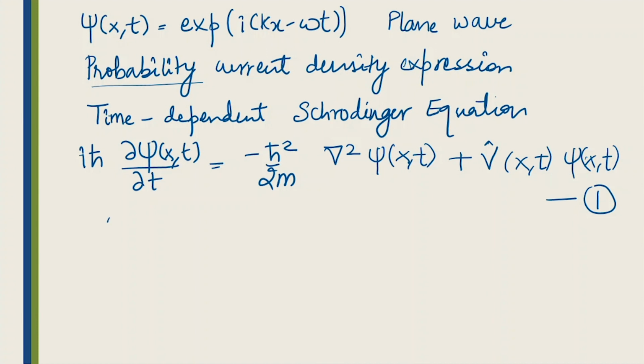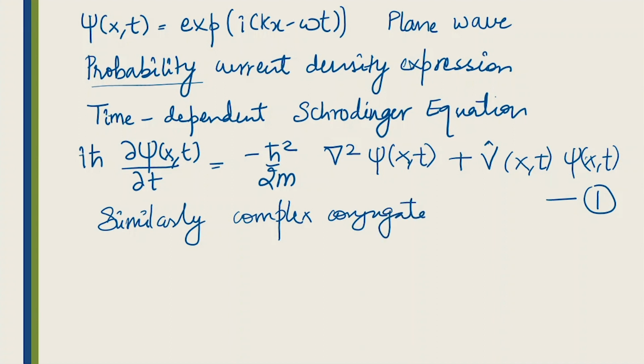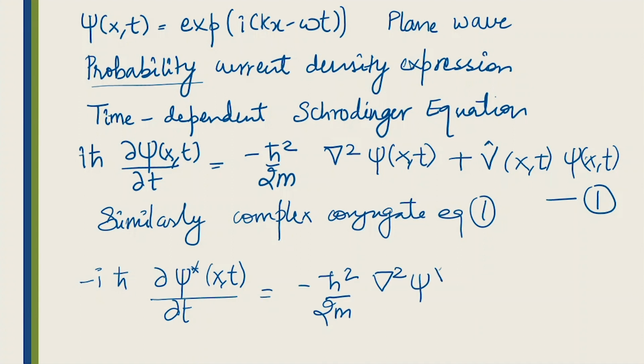Similarly, we write the complex conjugate of equation number 1. So this iota becomes minus iota, h cross del psi star by del t, and on the right side we get psi star del square, with psi star(x,t) plus V(x,t) psi star(x,t).